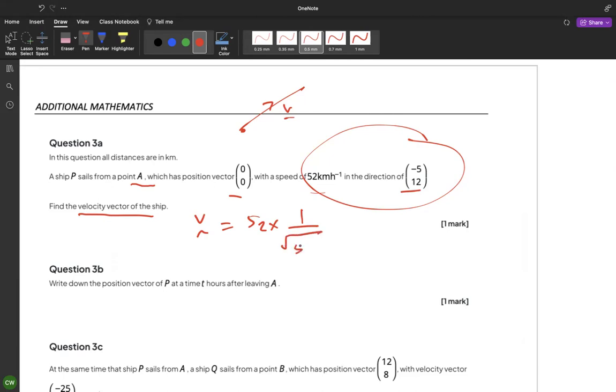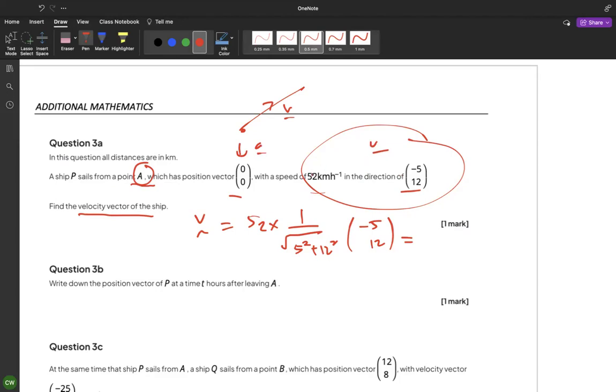So what is 5 square, 12 square, 13. Okay, what is a vector now? Can you simplify it? The A is not speed, the A is the starting point. Start from this one, A. Then this one tells you about velocity.